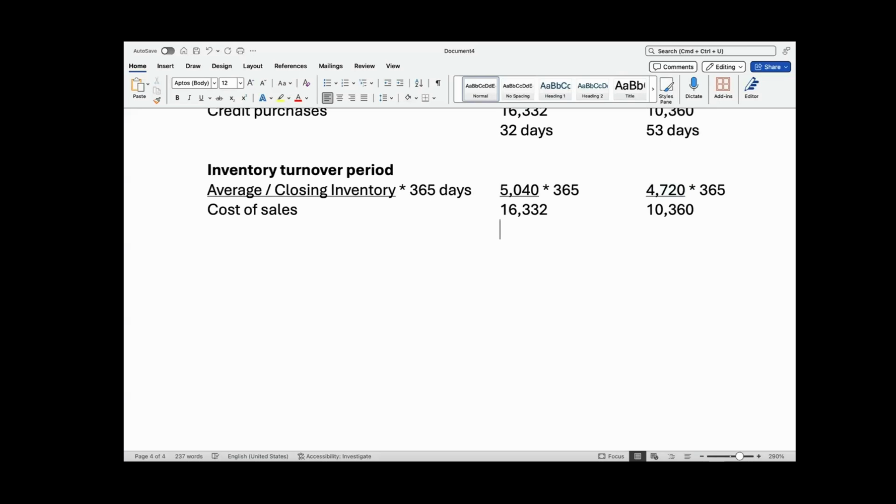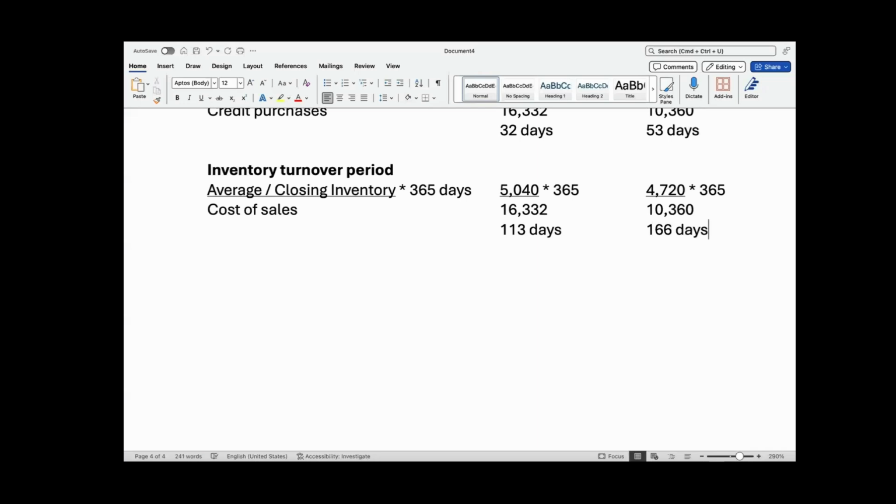Let me recalculate. 113 days. How about this one? 166 days.